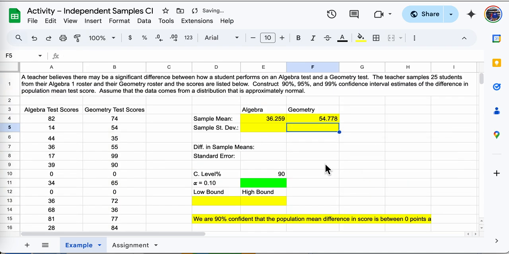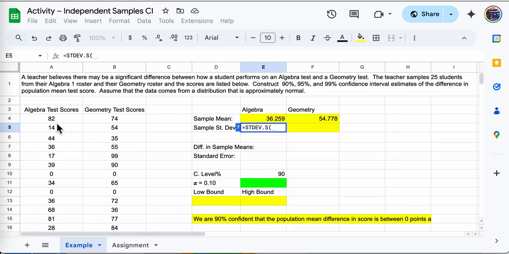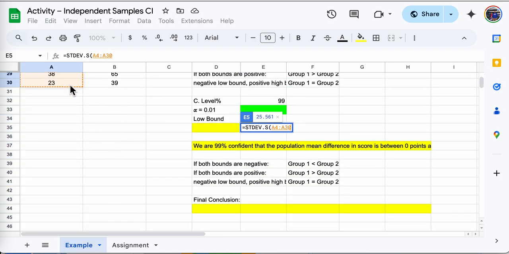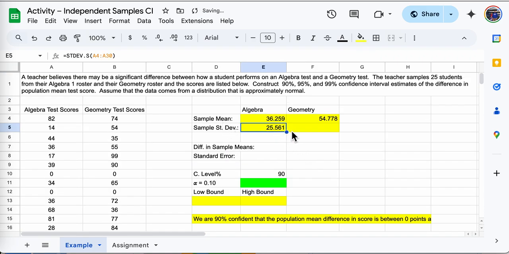All right, we need the standard deviations, so equals sample standard deviation, first column. And like I said, I could just drag it across because A's will turn to B's. Oop. I said drag across. All right, so click on it and see that the row references are the same. The column reference changed from A to B.